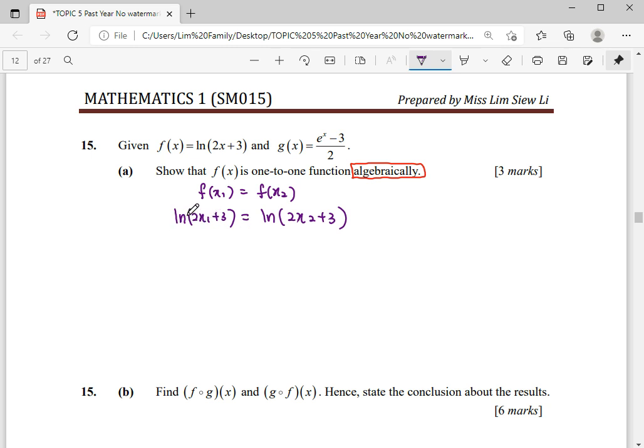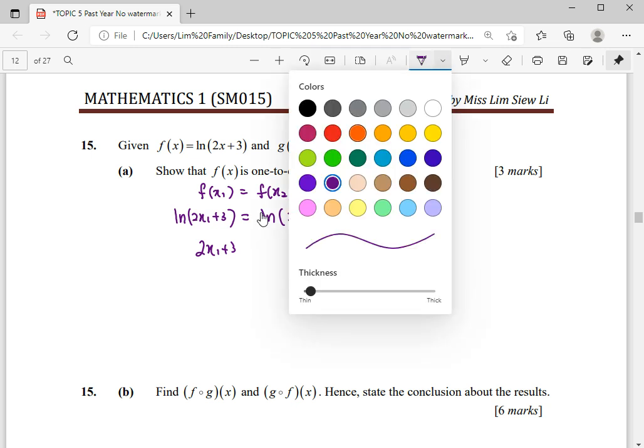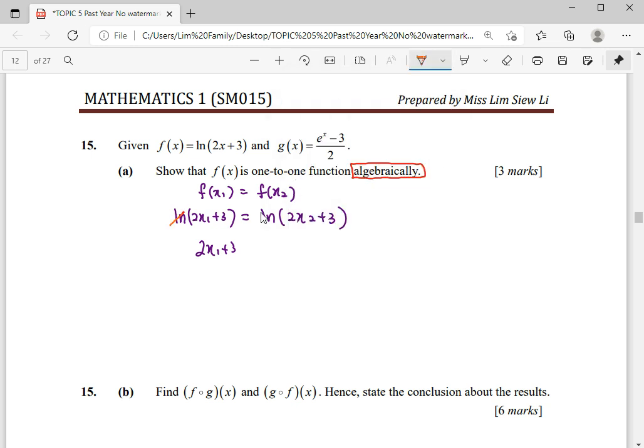When I want to simplify this, it is an equation where both sides are a single log. When both sides are a single log, we can equate the items only. So it is equal to 2x1 plus 3 equals 2x2 plus 3.